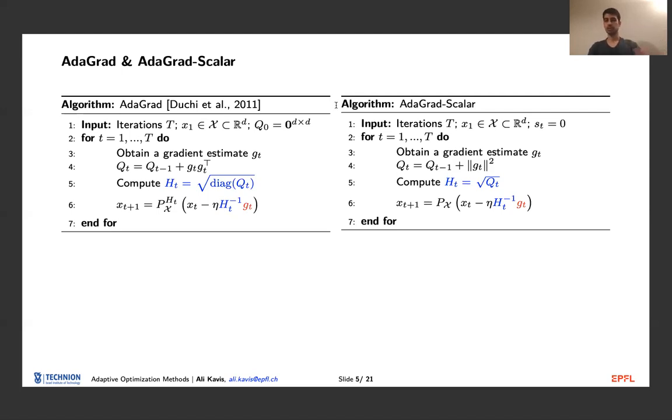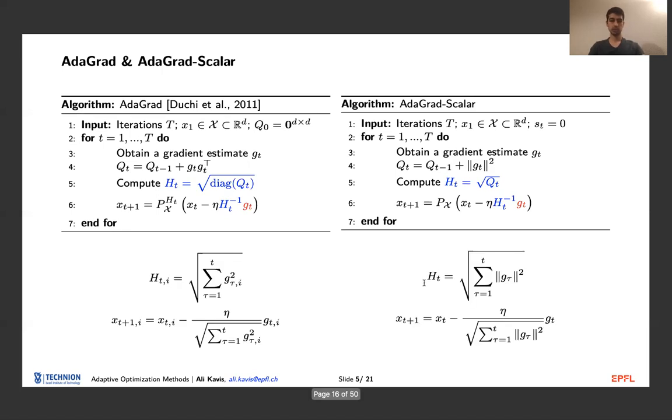A simpler version is the AdaGrad scalar, in which we are accumulating the norms of the gradients rather than the outer products. So we have a scalar here. We take the square root, and then we divide our initial step size eta by the square root of QT. To put things in a simpler manner, this is how we accumulate the gradient norms, such that now we have a decreasing, or let's say non-increasing, step size.